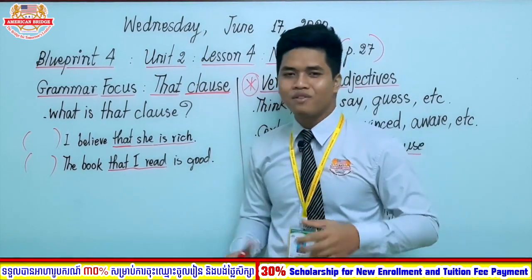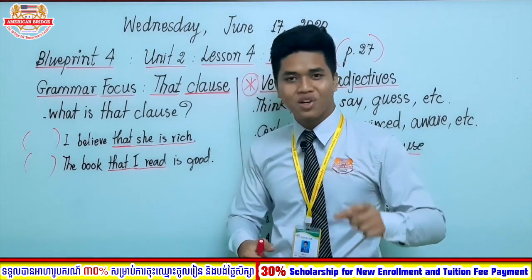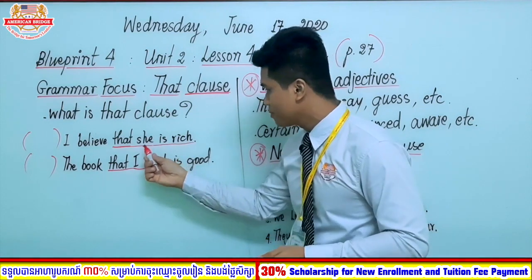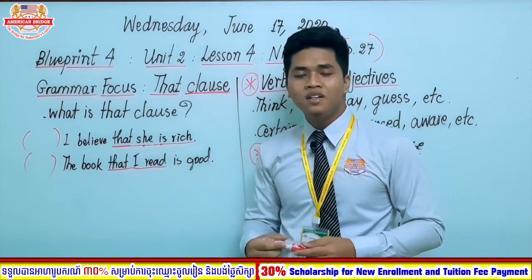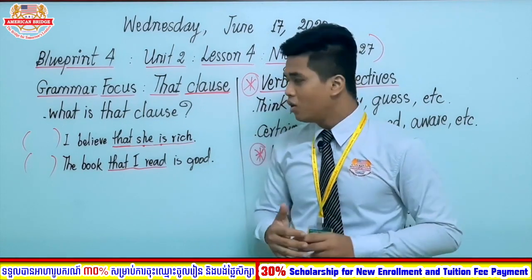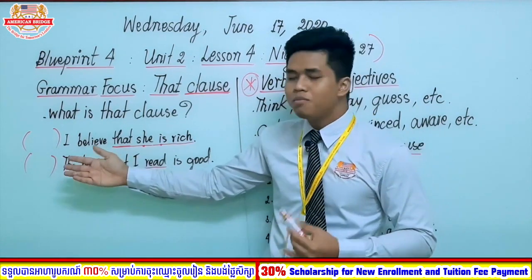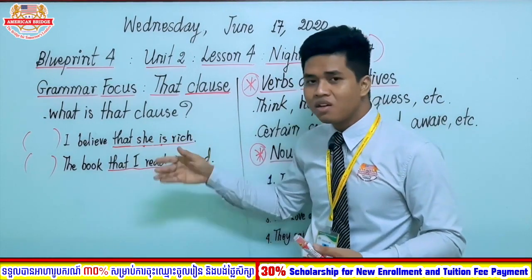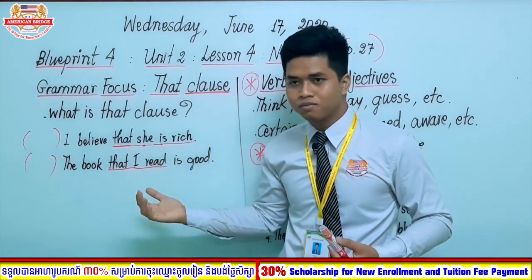A noun clause refers to a phrase which consists of a subject and verb, and in the sentence, it functions as a noun. Look at the first example: I believe that she is rich. So is that she is rich an adjective or a noun?